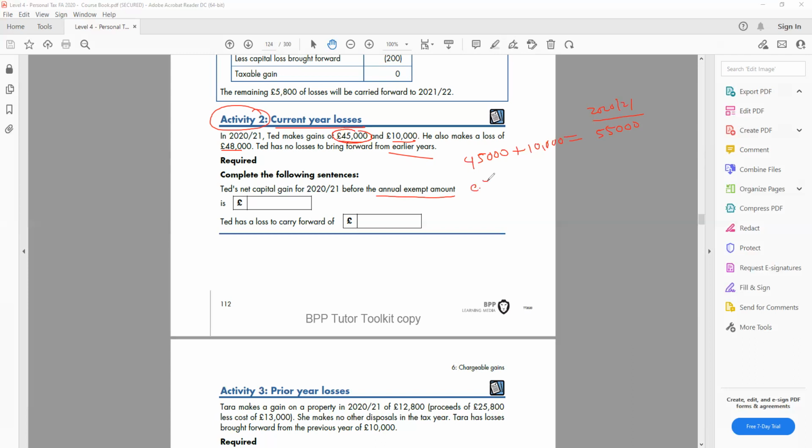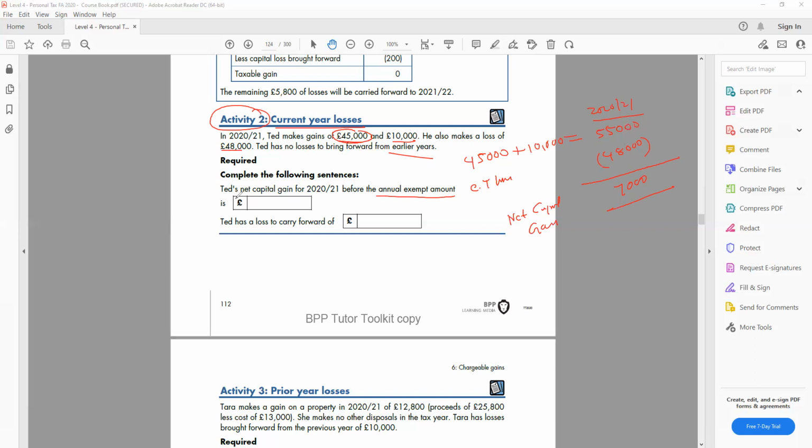So the current year loss is 48,000. If I take it out, my net capital gain for this year is 7,000. And I don't have any loss to carry forward because my gain is more than the loss.